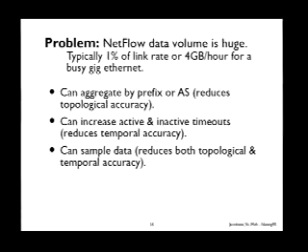You can't see where events are in time, like those 2-minute outages, which turn into little tiny blips rather than big dives. Or you can sample the data, so decimated, only taking 1 out of every 1,000 packets that go through, and now you're losing both topological and temporal accuracy.